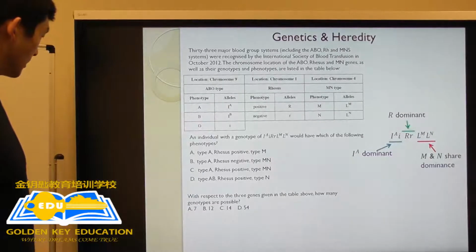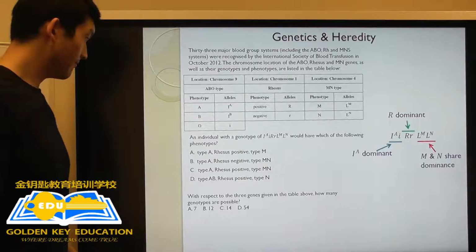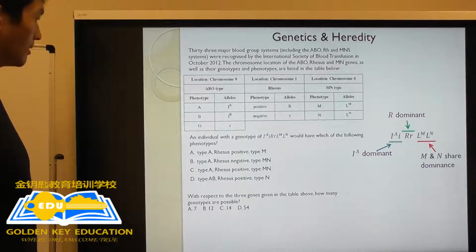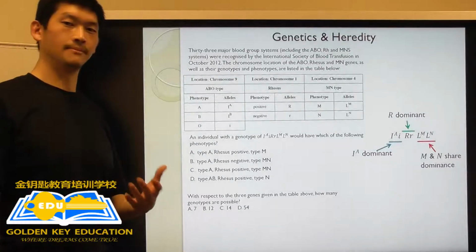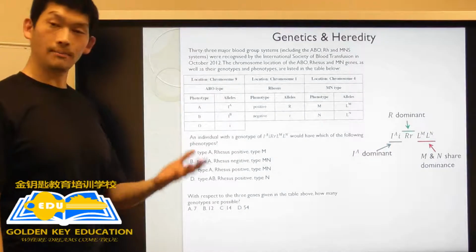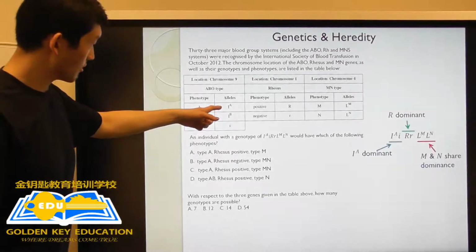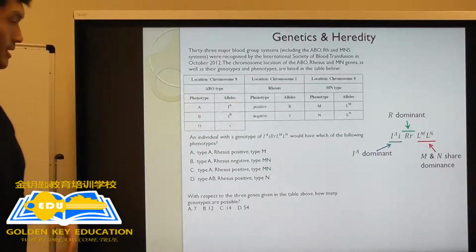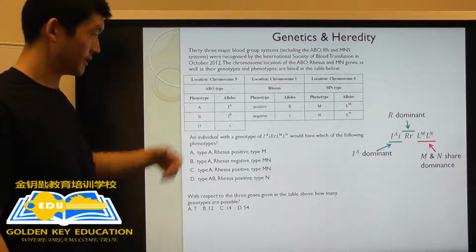Further on, with respect to the three genes given in the table above, how many genotypes are possible? Whenever they ask how many types are possible, you need to run over the different combinations that are possible. So when we look at the three different alleles, we ask ourselves how many different combinations can we form with these three?